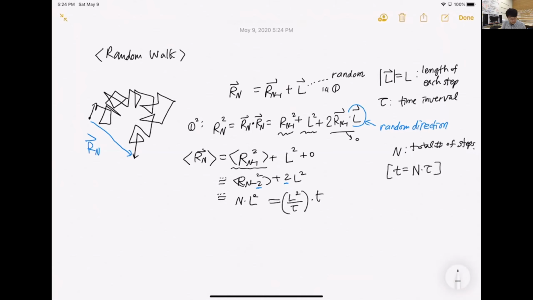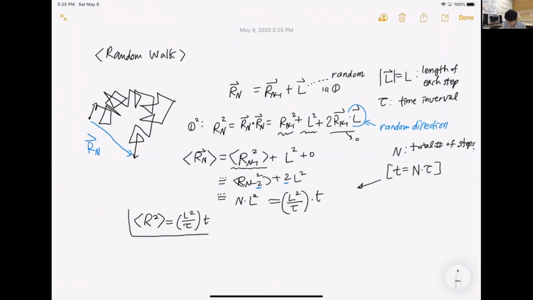All right, so what we learn from here is that the mean square will be described as L squared, the length scale, over tau times t.